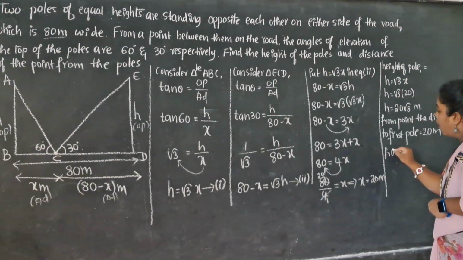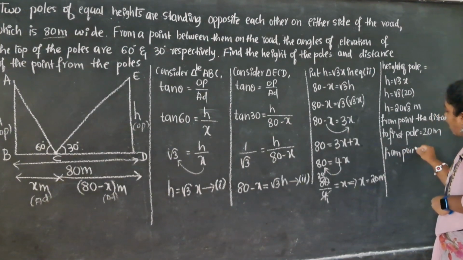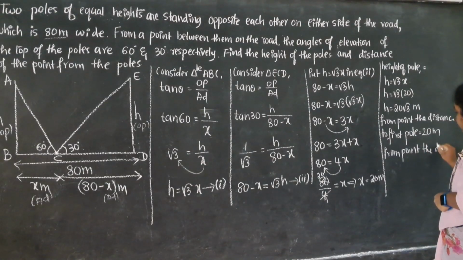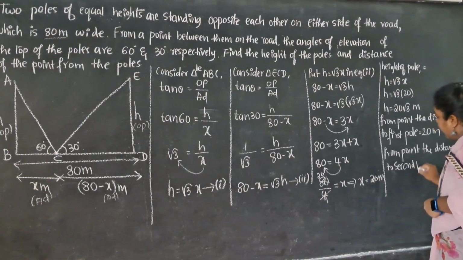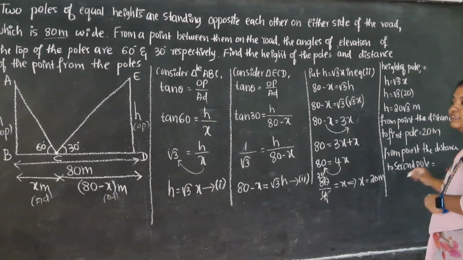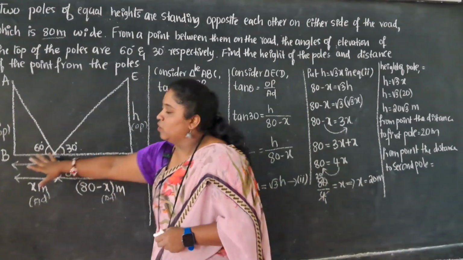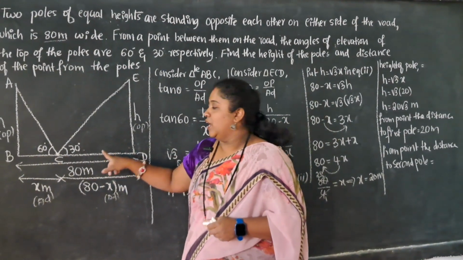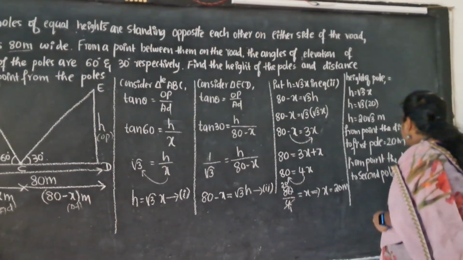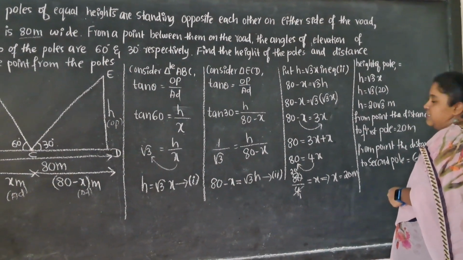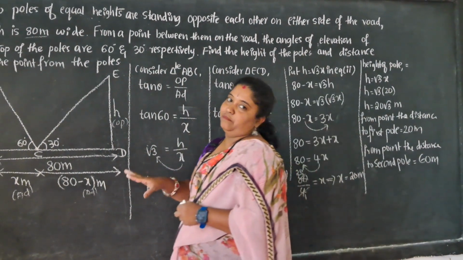And now from the point, the distance to the second pole. Second pole, how much, dears? See, this is 20. The total is 80. This will become how much? 80 minus 20. That is equal to how much? 60 meter. That is the distance from the second pole, 60 meter.